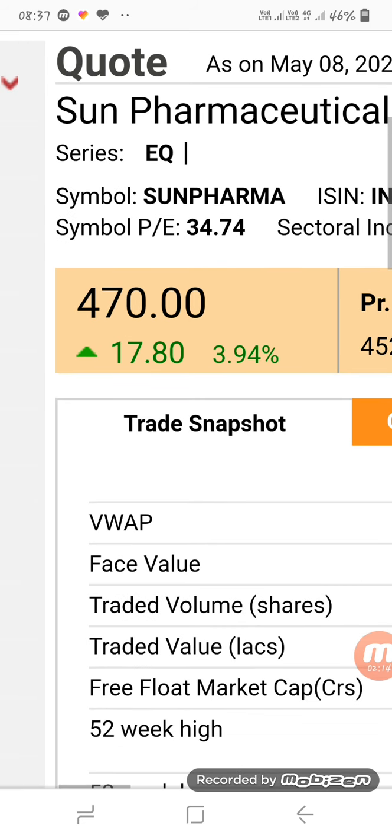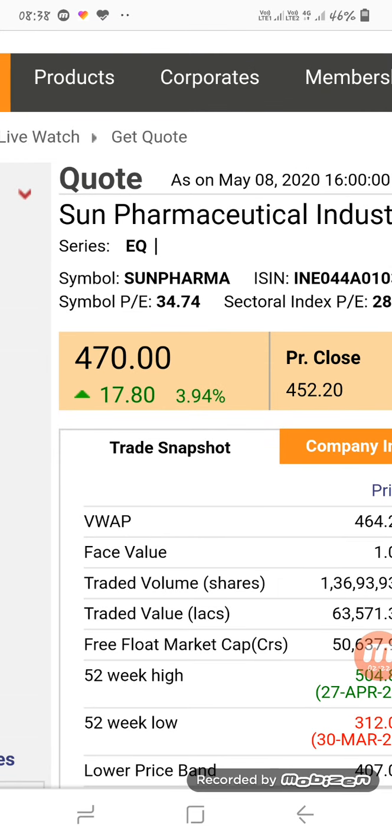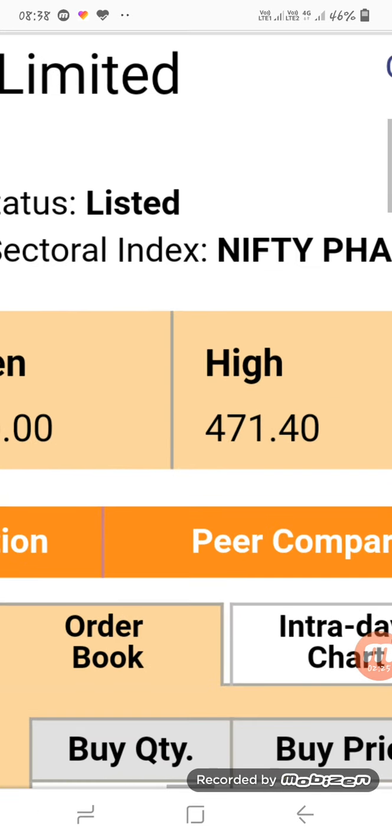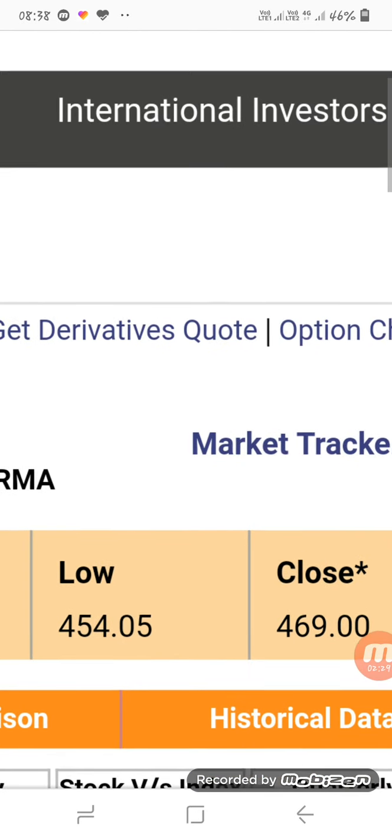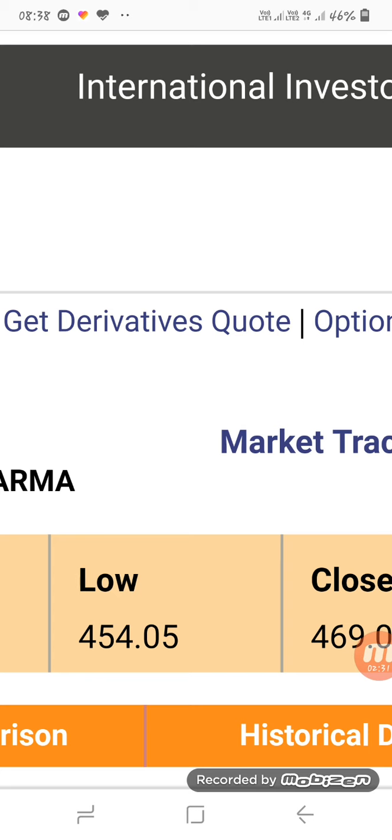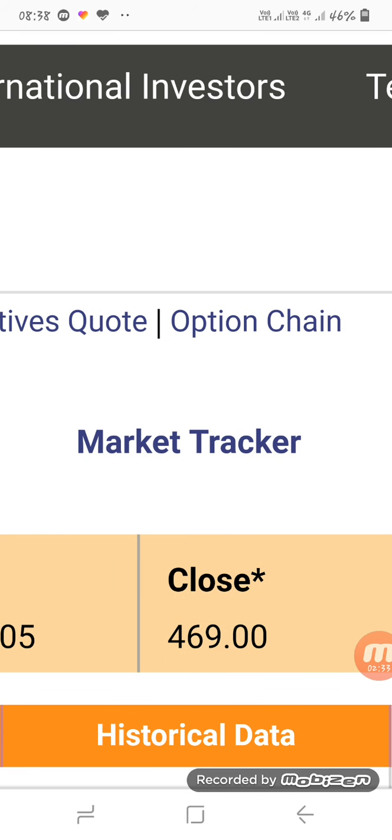So if you want to speculate on the market for a short period of time, we can play in the derivative market. We can get various derivative codes out here, or we can see the option chain also.